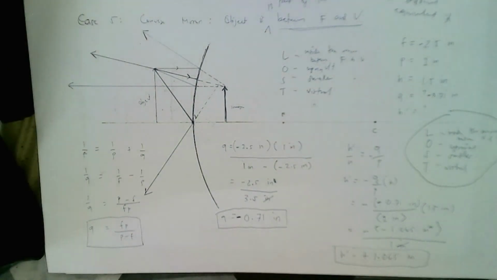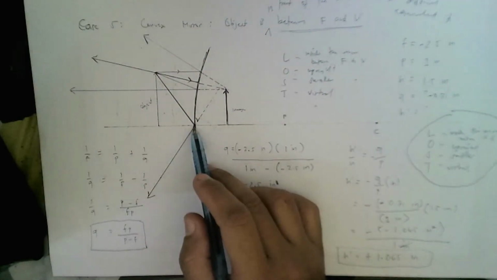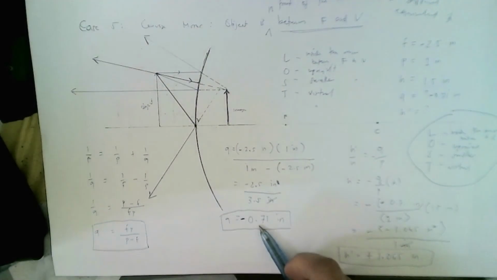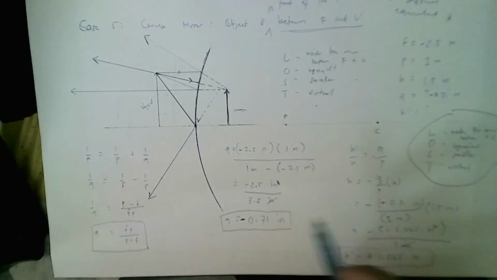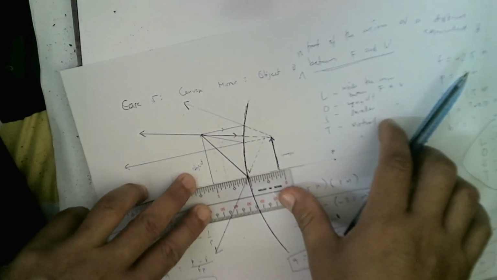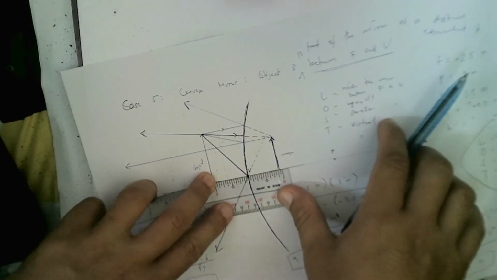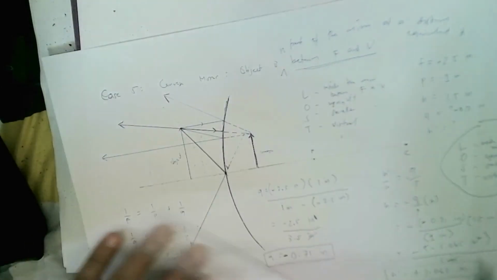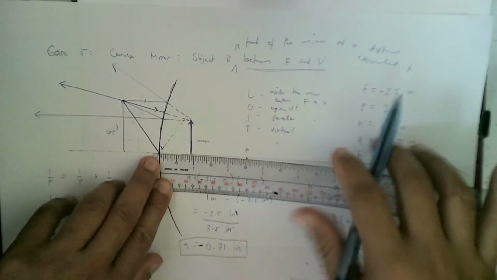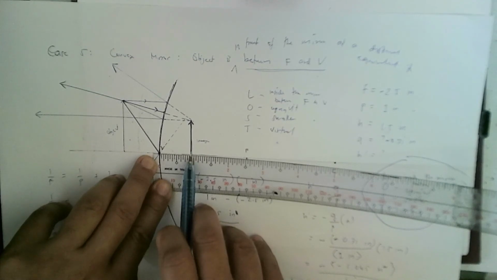Okay? And if you even want to be accurate, we can measure the distance of the Q. Because here we calculated Q to be negative 0.71. So we can measure that. And it might not be accurate again because of the nature of our curve, which is not parabolic, but it gets close. So look at that. This is 1 inch. It doesn't reach the 1 inch part.